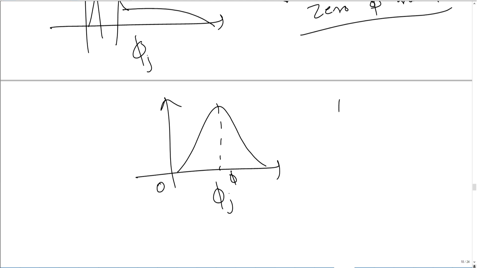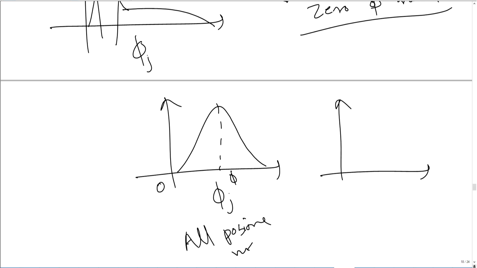Here is 0. So, this is one model. Let us call it all positive model, right. And another model can assume that most individuals do show a positive effect, but some individuals do show a negative effect as well. This would be called most positive model.